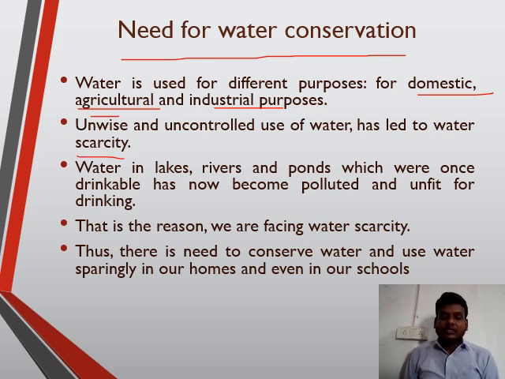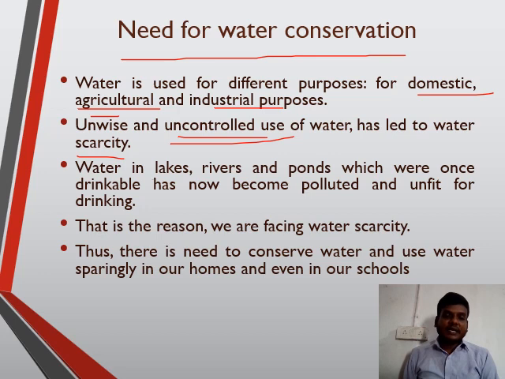We do not realize the water is limited, we use it uncontrolled. When we go to brush in the morning, we open a tap and do not care that the water is dropping. We leave the tap running, and this is also uncontrolled water use.